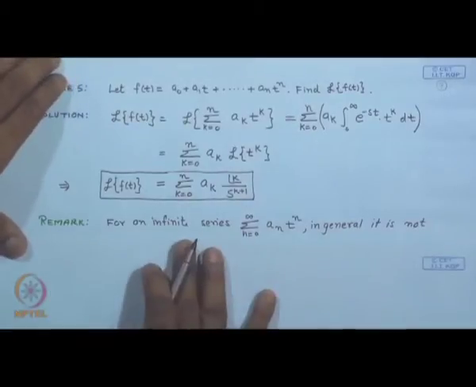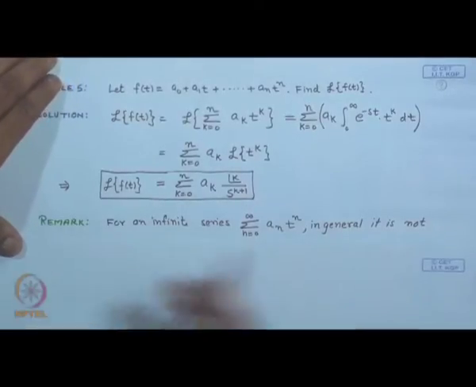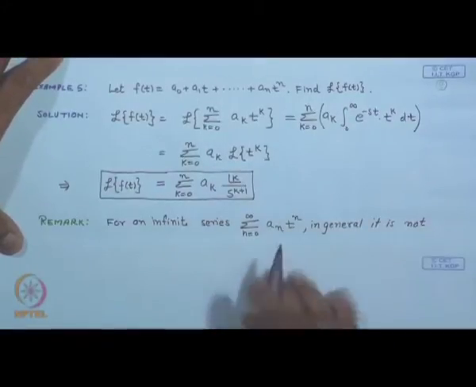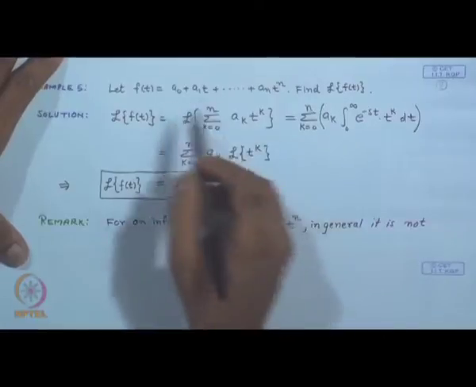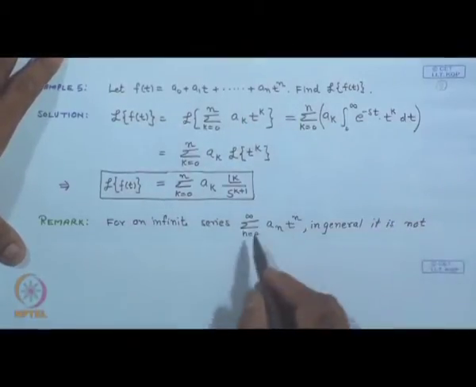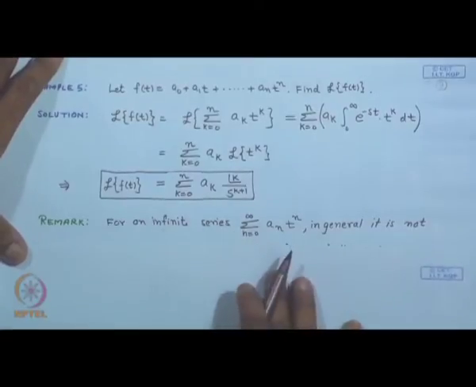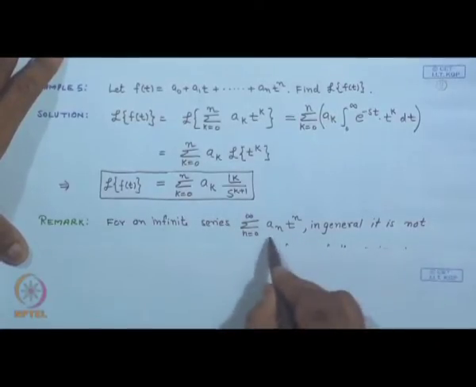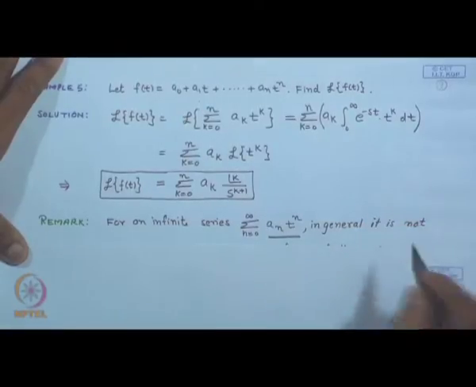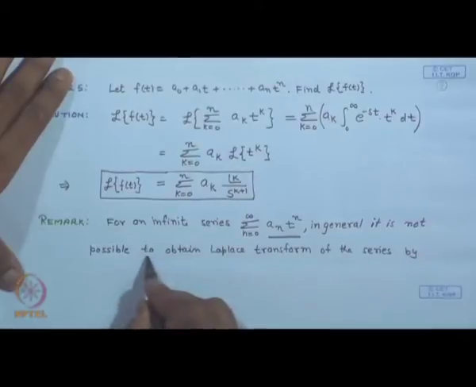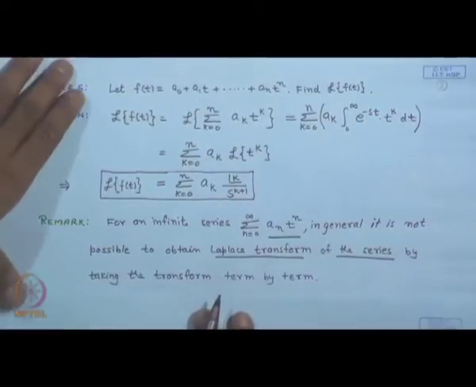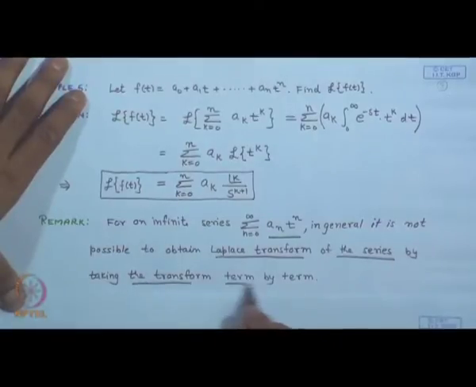One remark about the series of functions. For an infinite series, so this was a finite series, the sum of n terms, but if we take the infinite series sum from n = 0 to infinity of a_n t^n, then in general it is not possible to obtain the Laplace transform of the series by taking the transform term by term.